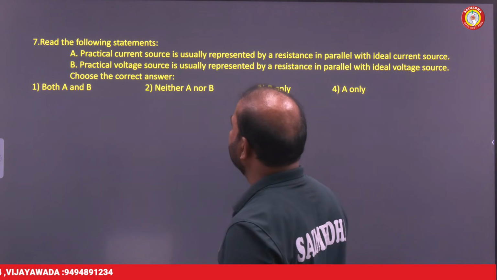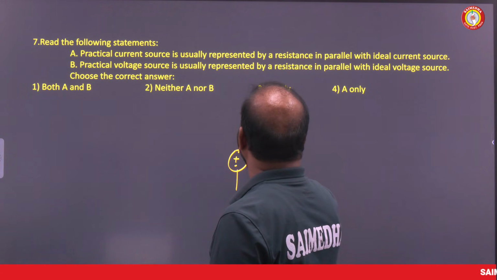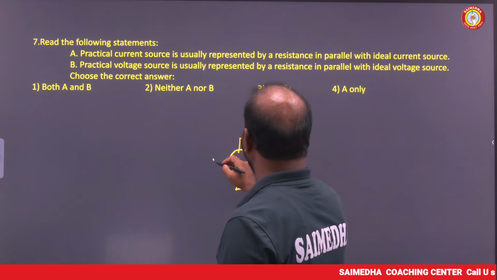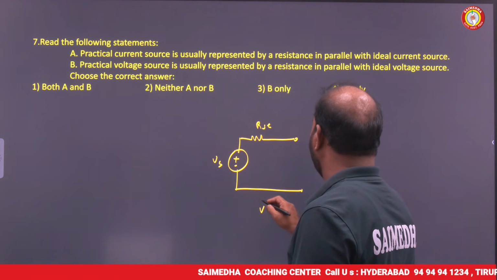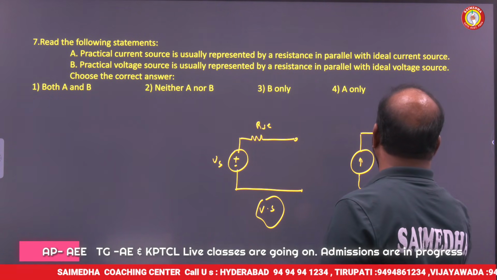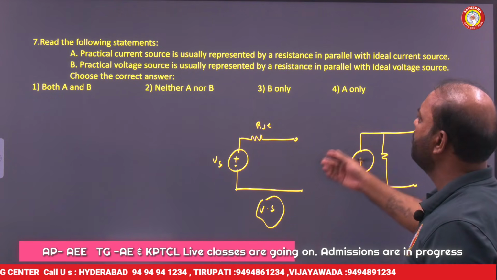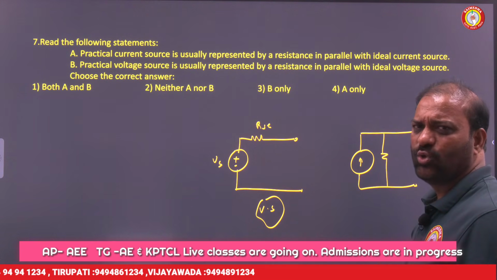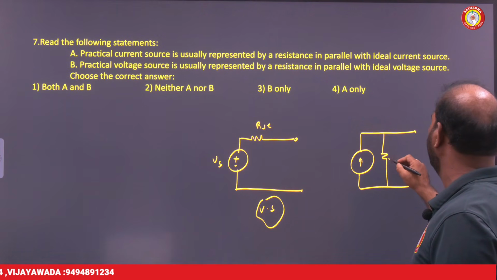Generally, a voltage source is always represented in series with its equivalent resistance, but a practical current source is always represented by an ideal current source in parallel with its internal resistance.